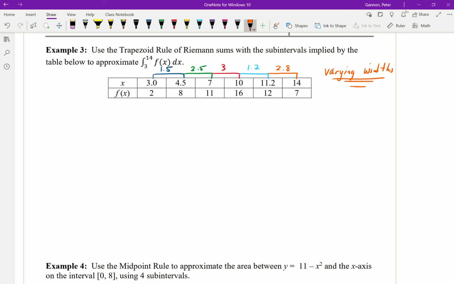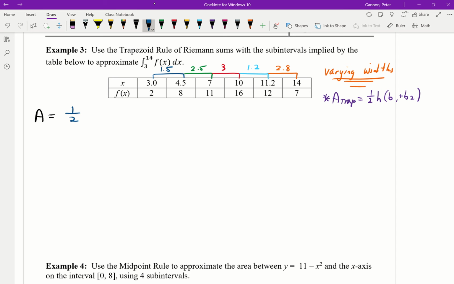Okay? Now, you want to remember the formula for the area of a trapezoid is 1/2 the height times the sum of the bases. So base 1 plus base 2. So I'll go ahead and color code these. So for the first trapezoid, when we go to find the area, our first trapezoid is going to be what I have kind of the interval in blue.